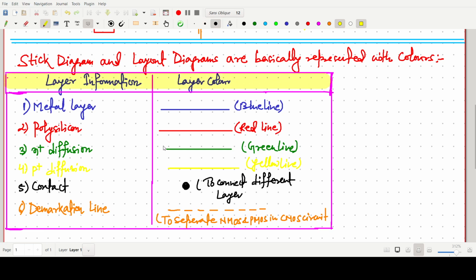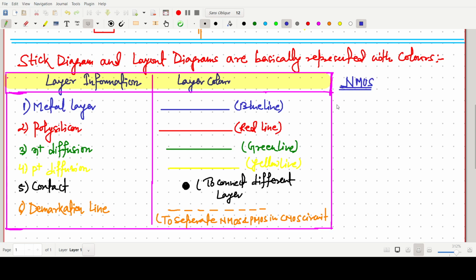Now we also have to deal with the different rules. For NMOS, we have already discussed it. Once again, a quick view for NMOS.